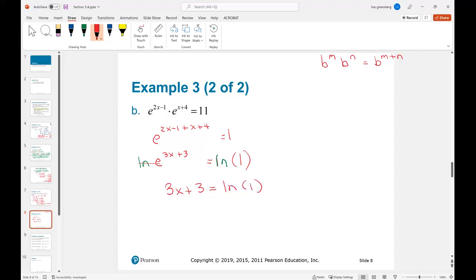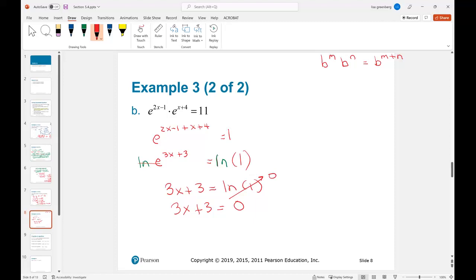Oh, the natural log of 1, we know what that equals. We've seen that many times, haven't we? It's equal to 0. So we get 3x equals 0. The natural log of 1, any log of 1 is always 0.